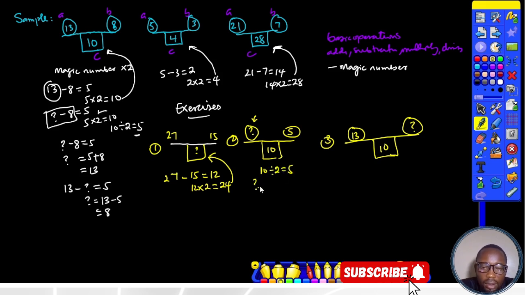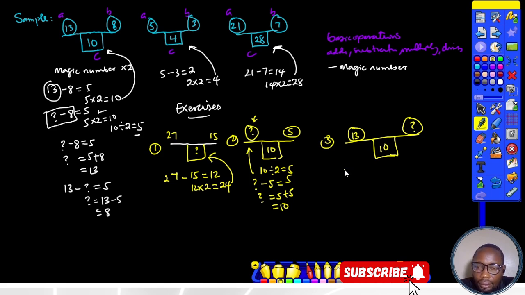So this minus 5 should give me 5. So this side is going to be what? The same number you get when you add 5 and 5. This will give you 10. So this is the number we're looking for. The number is 10.